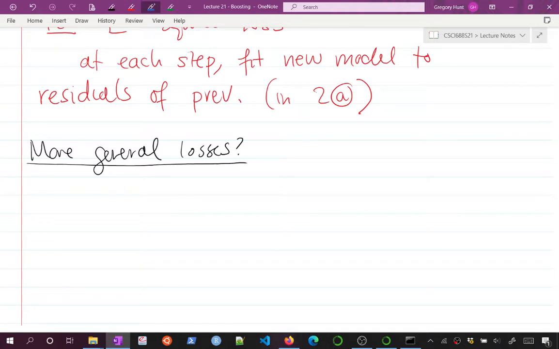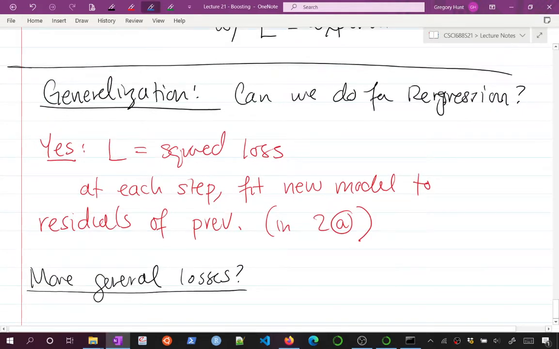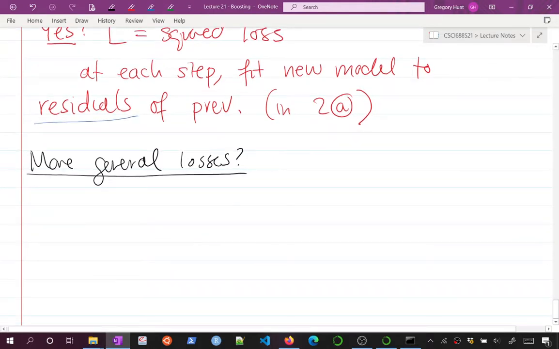The reason I like the squared error loss for regression is that at each step I'm just fitting the residuals, which is really easy. With Adaboost, I'm basically implicitly using an exponential loss, and all I have to do is reweight my examples. If I don't use one of those two theoretically nice losses, this is harder to do.